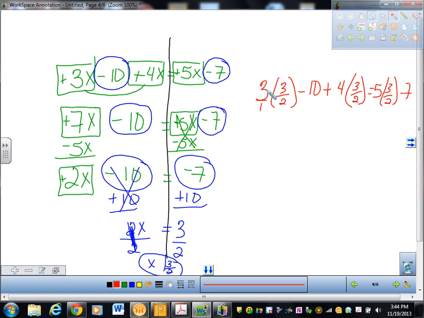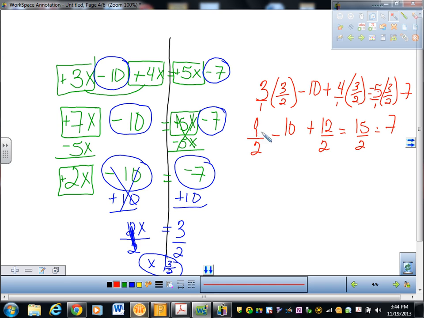Well, 3 times 3 is 9. 1 times 2 is 2, so I've got 9 halves, minus 10, plus 4 times 3 is 12, and 1 times 2 is 2, equals, here I've got another one to do, 5 times 3 is 15, and 1 times 2 is 2, minus 7, okay?